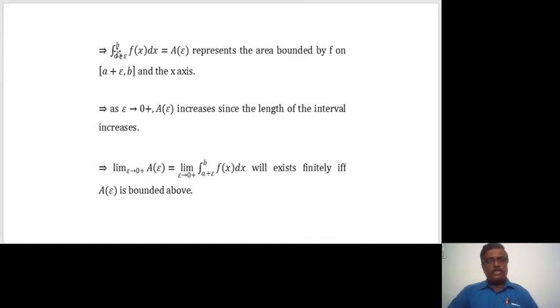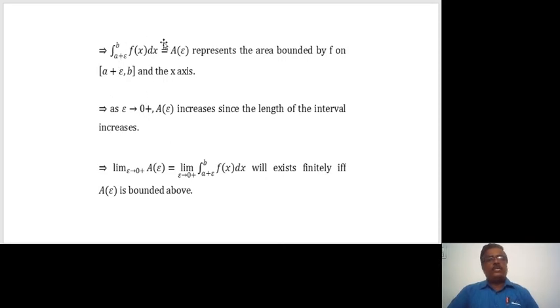So which implies the integral from a plus epsilon to b of f of x dx represents the area bounded by f on the interval a plus epsilon to b and the x-axis, because by the definition, integration is nothing but the area bounded by the function f and the x-axis.